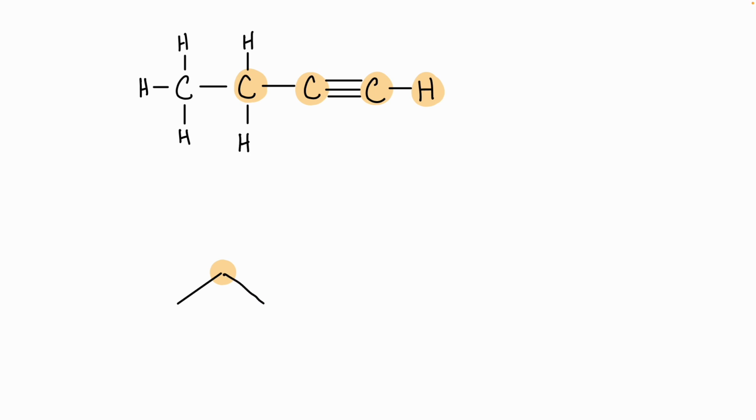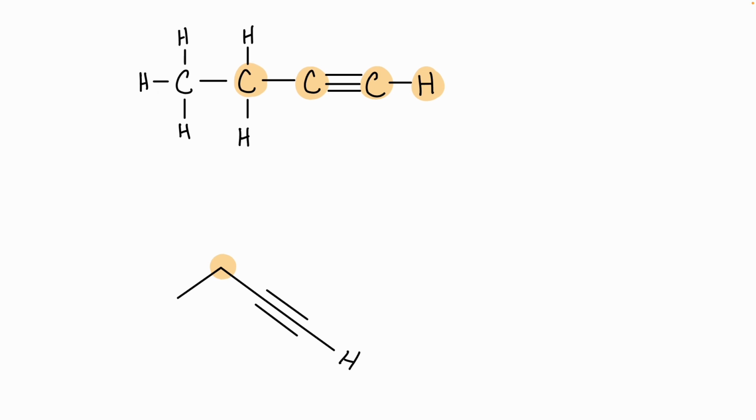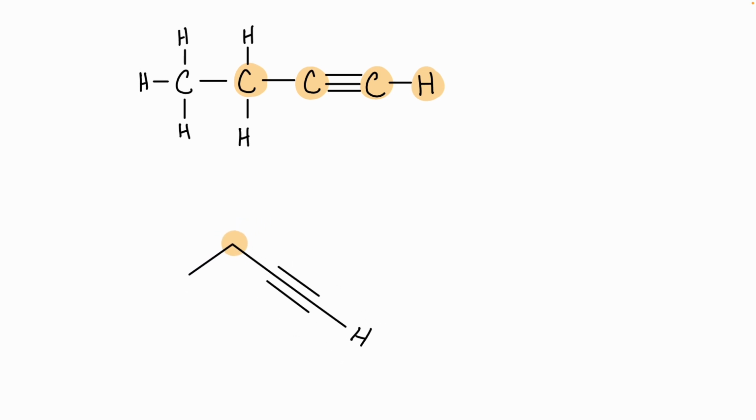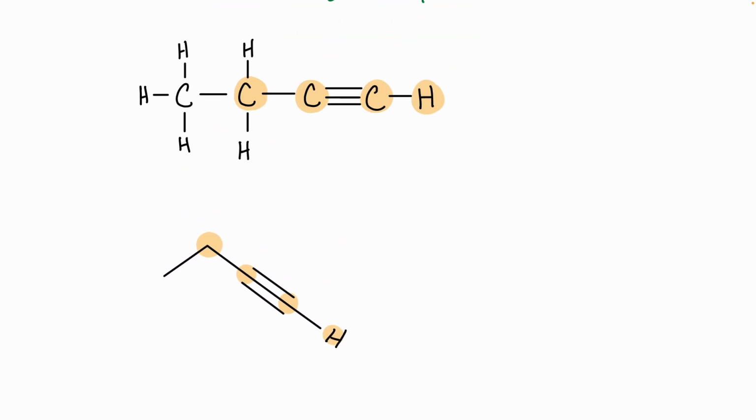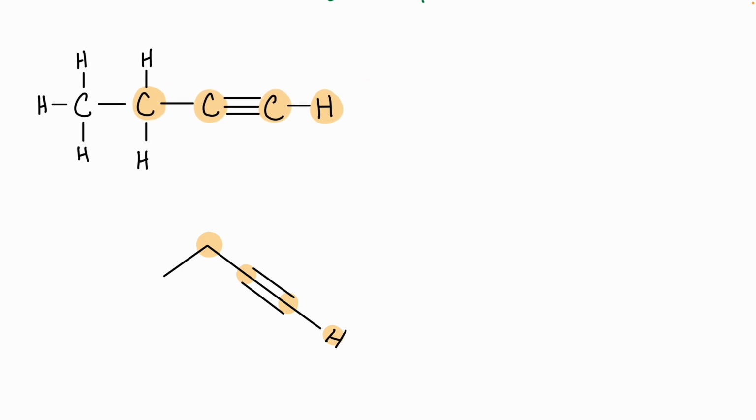So now my next 3 bonds I have to draw all in a straight line here. Okay, so just like we sort of showed in our Lewis structure, we have these 1, 2, 3, 4 atoms that are all sitting in a straight line here. Let me put them side by side so it's a little bit easier to see.